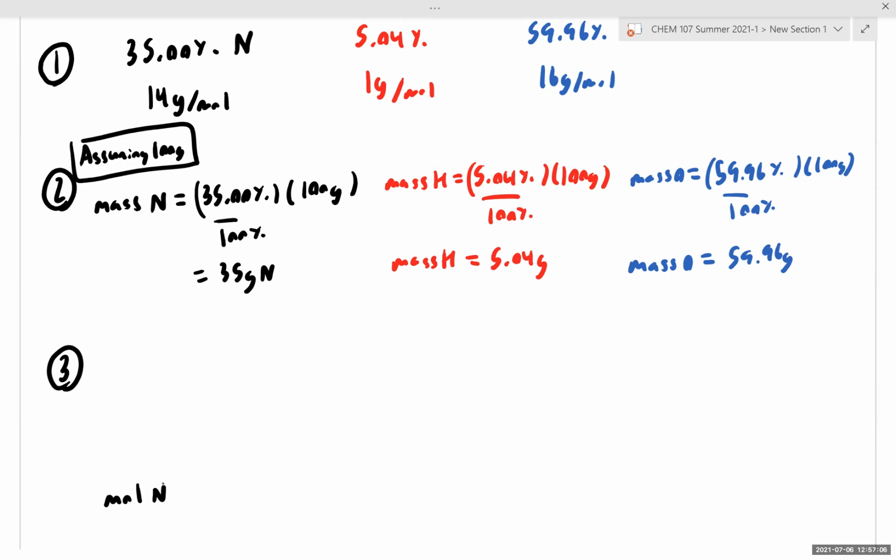Let's try to get a few more empirical formulas shared, and then we'll discuss this example. In the meantime, to help provide a little bit of scaffolding, let's work through each of the steps for this process. And I'd like students to help contribute their calculations and responses as we work through this empirical formula problem.